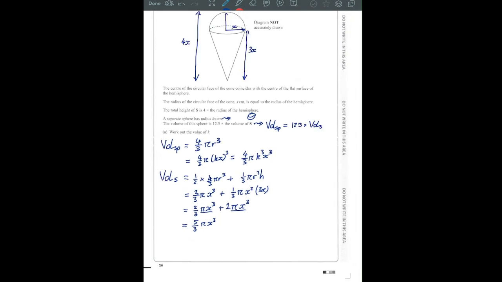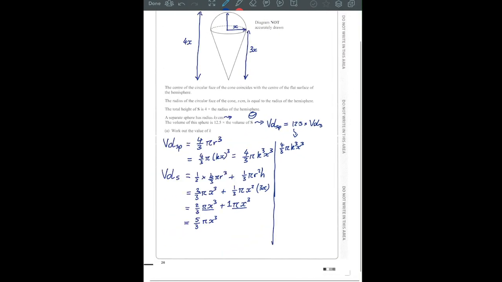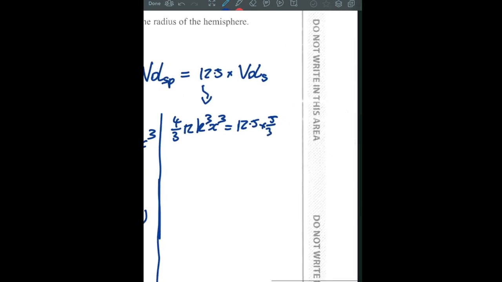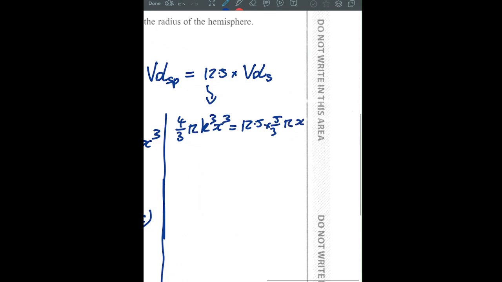Okay, so now I can go back to this equation that I wrote on the side. The volume of the sphere is this horrible 4/3 pi k cubed x cubed nonsense. The volume of the S thing, well, 12.5, let's not forget that from the question, times 5/3 pi x cubed. And here, two things are brilliant.